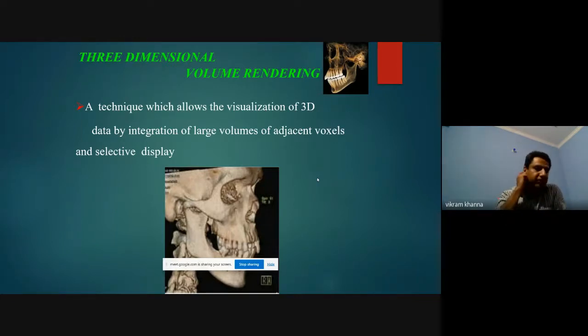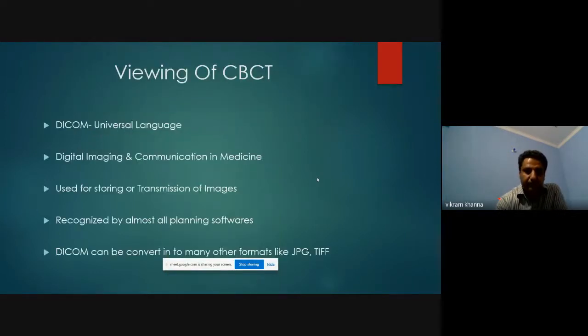In 3D pictures, some parts are reconstructed and rebuilt, information which is not actually present in the patient, and sometimes noise is also there. So definitely this is not for diagnosis of the patient. You should look at each and every section for diagnosis.